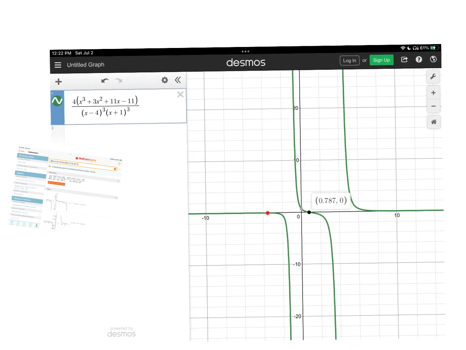This never rises above the x-axis here, and this never goes below the x-axis here. It does go by the x-axis right there. So because the second derivative is positive, that means the function is concave up between -1 and 0.787. And that it's concave down between 0.787 and +4, right?